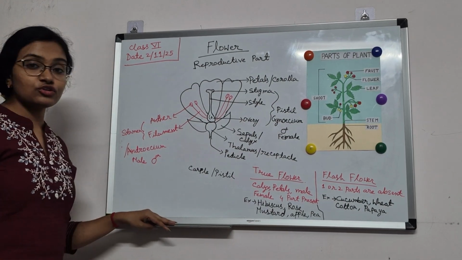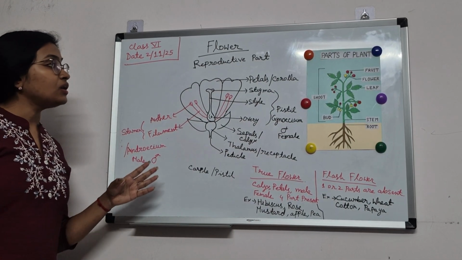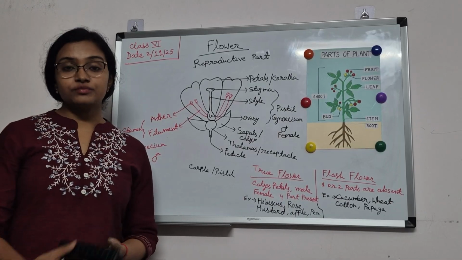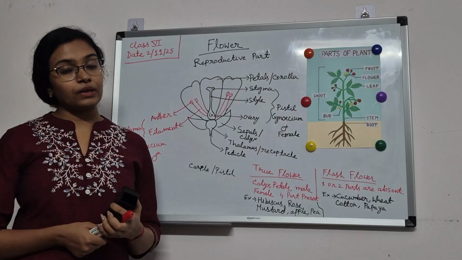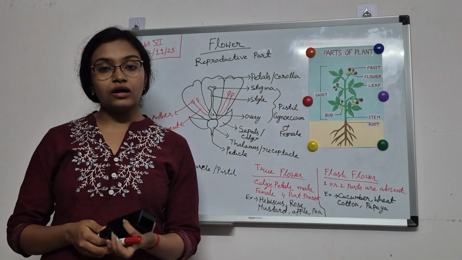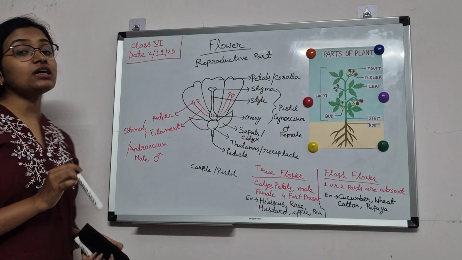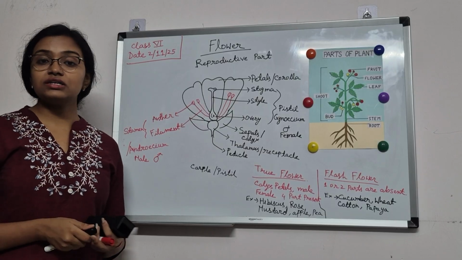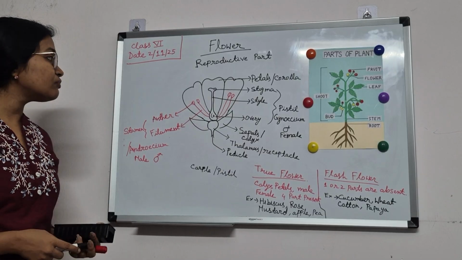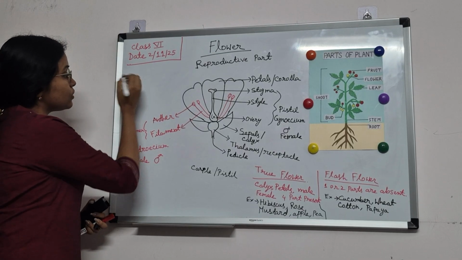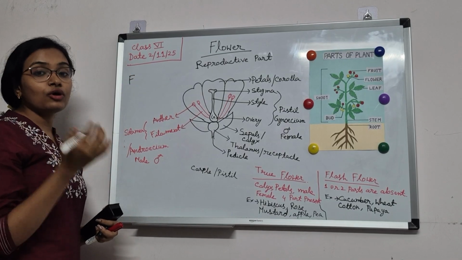So in this video we have learned the different parts of the flower, the difference between true flower and false flower, and the function of the flower. So what is the function of the flower? Flowers are the most attractive part in the plant. So its main function is to attract insects or pollinators for pollination.